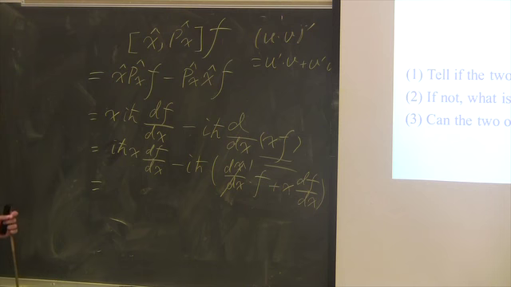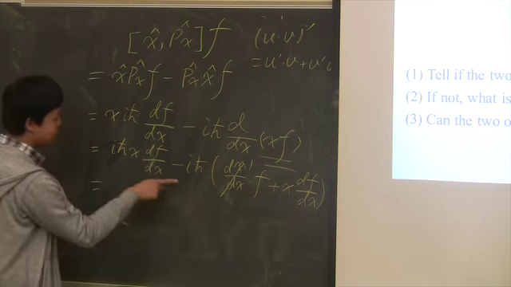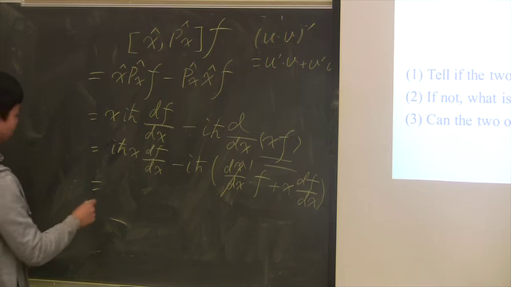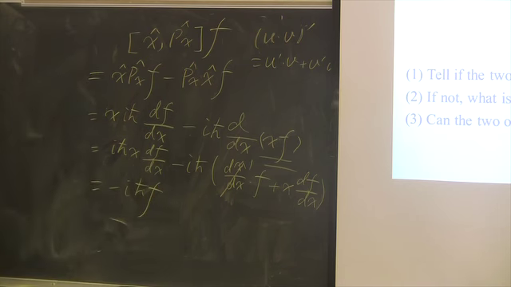Then equals what? This term cancels with this one. Right, this one minus i h bar, this one, they're the same. Great. Well, you go back to regular math anyway.